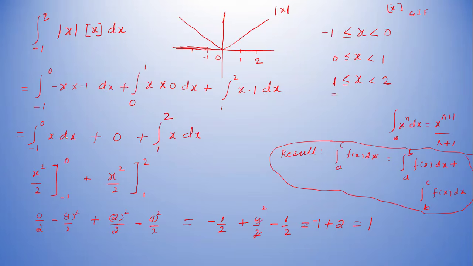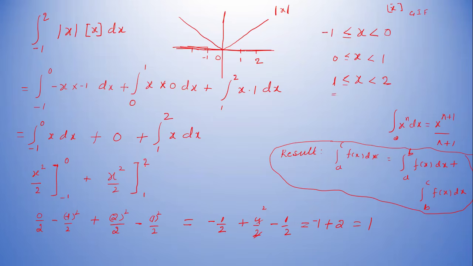Integral -1 to 0 of x dx, minus into minus gives plus x dx, plus this is 0, plus integral 1 to 2 of x dx. We know that the integration of x raised to n dx is x raised to n plus 1 divided by n plus 1. Therefore, x square by 2 from -1 to 0, plus x square by 2 from 1 to 2.